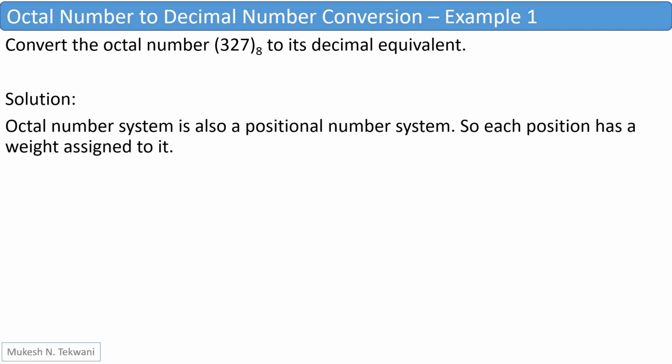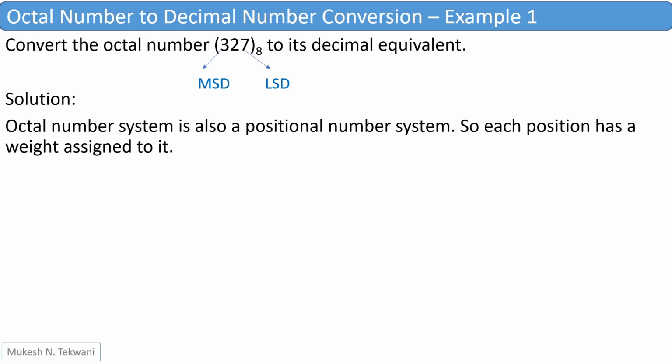We know that an octal number is also a positional number system just like the decimal system, and therefore each position has a weight assigned to it. So if you look at the number 327 of octal, the digit 7 is the least significant digit and it has a certain weight assigned to it.